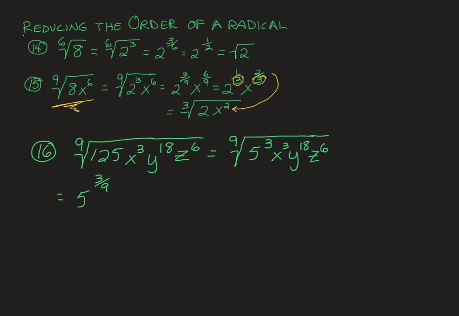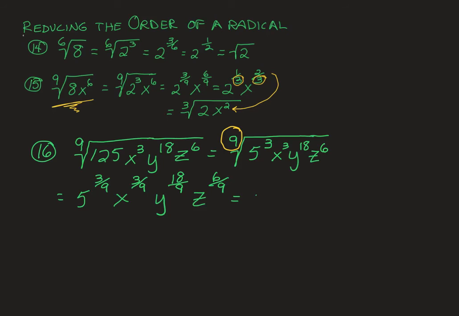So 5 to the 3/9, x to the 3/9, y to the, ooh, look at this one, an improper fraction, 18/9, and z to the 6/9. They all have 9 as the denominator because we are looking at the ninth root, but the exponents that were under the radical became the numerator, so they have some different exponents.